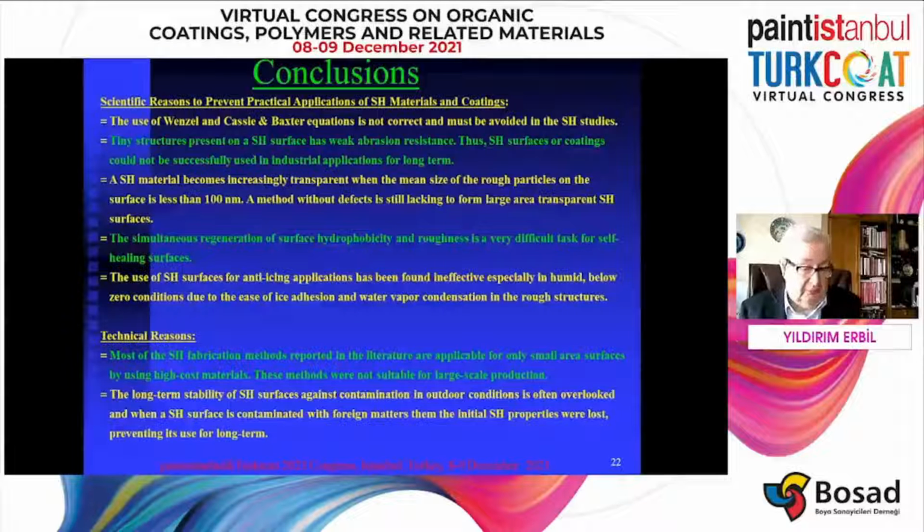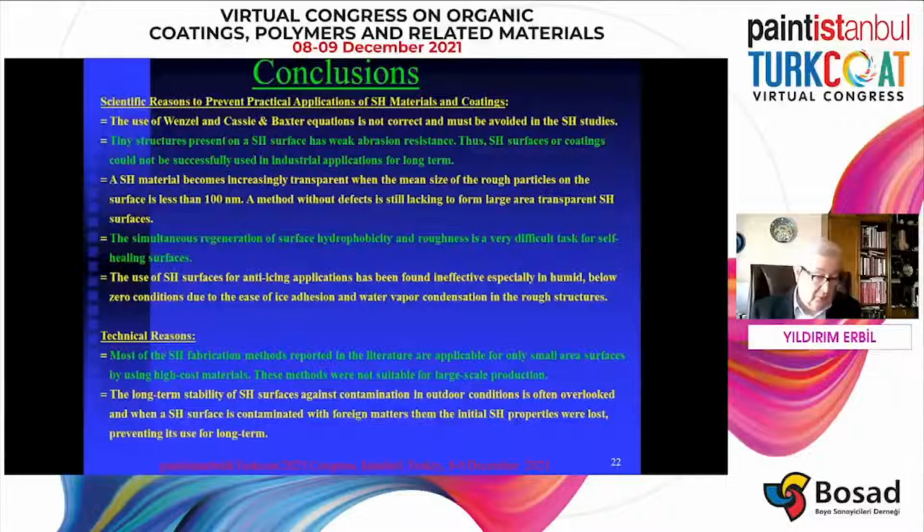For transparent superhydrophobic surfaces, the mean size of the rough particles should be less than 100 nanometers, but it is very difficult to control or to prepare such a surface. For self-healing surfaces, the simultaneous regeneration of surface hydrophobicity and roughness is a very difficult task. And the use of superhydrophobic surfaces for anti-icing applications has been found ineffective, especially in humid below-zero conditions.